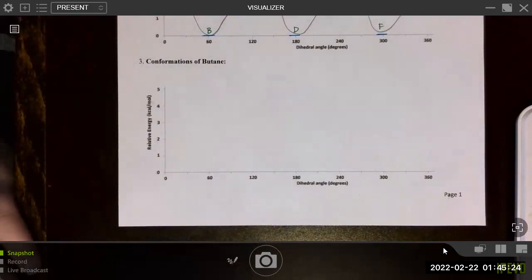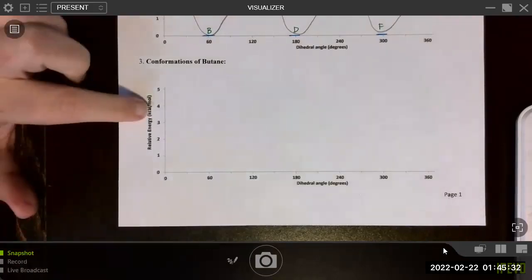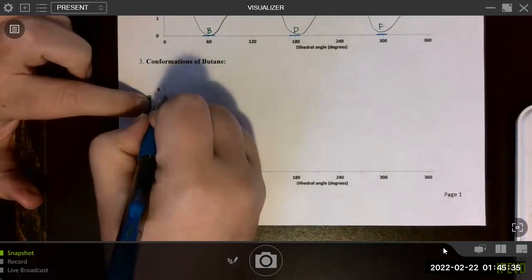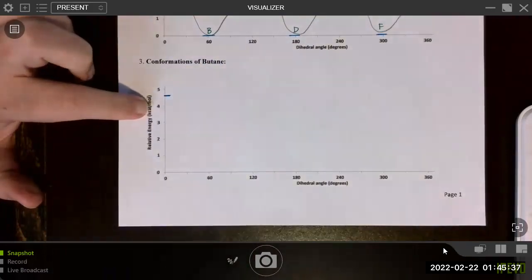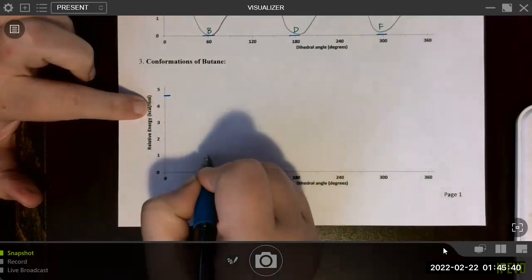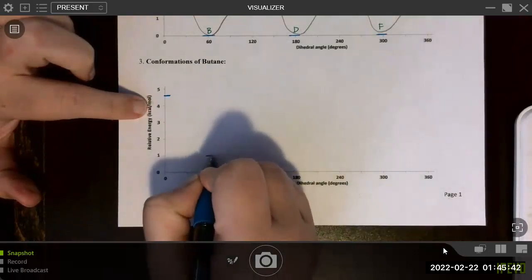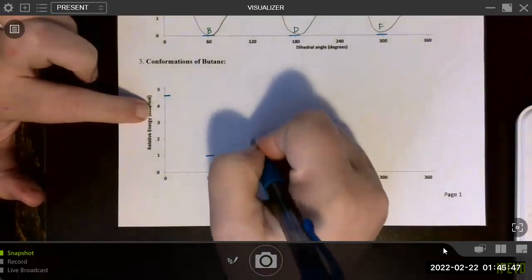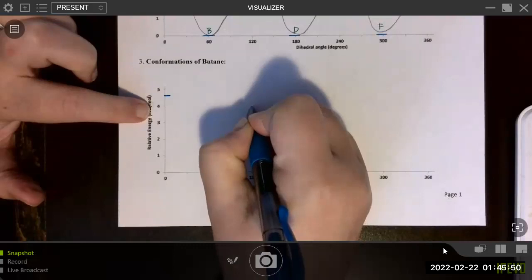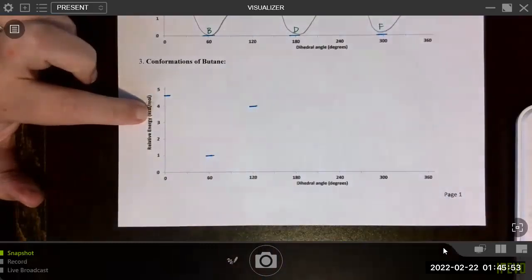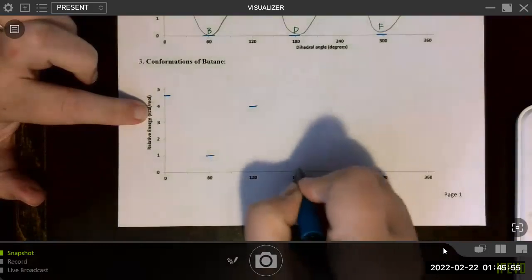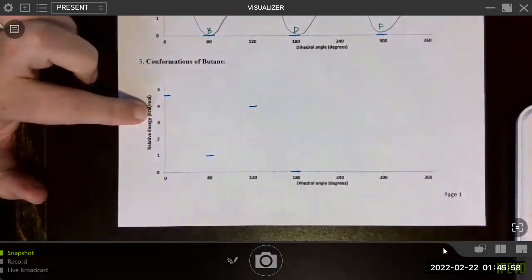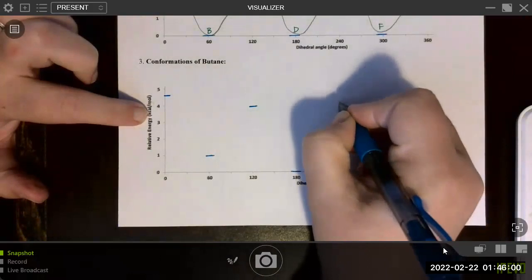Okay, so again, we're going to try to estimate those energy levels. So we talked about the 0 degrees, the highest is about 4.5. I have that in there. And then at 60 degrees, it was 0.91. My best to estimate that. Up to 3.82. I'm doing my best to estimate that. Down to 0, relatively speaking. Back up to 3.82.